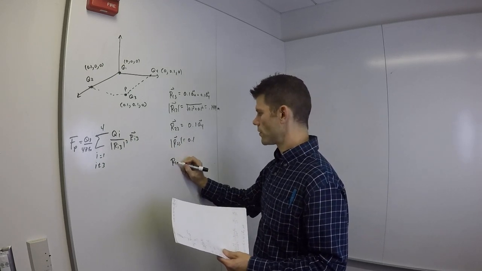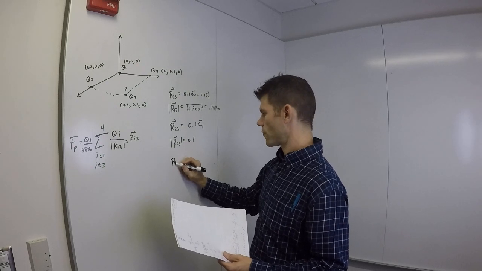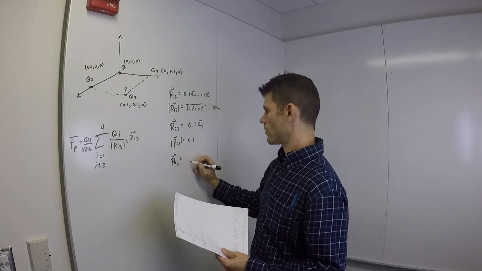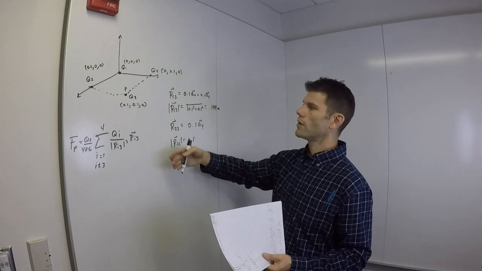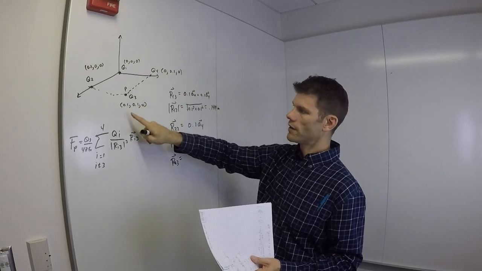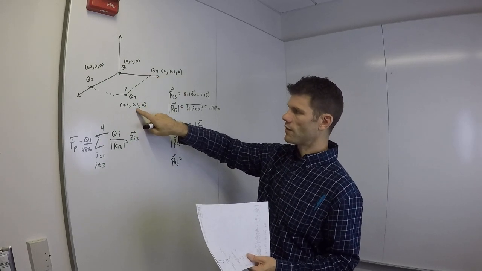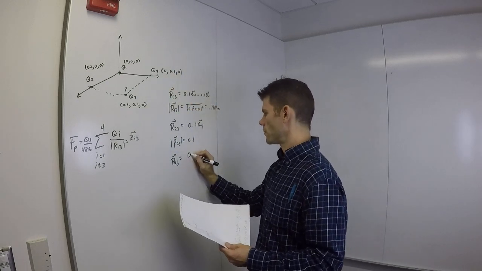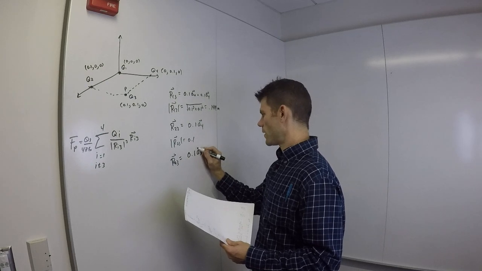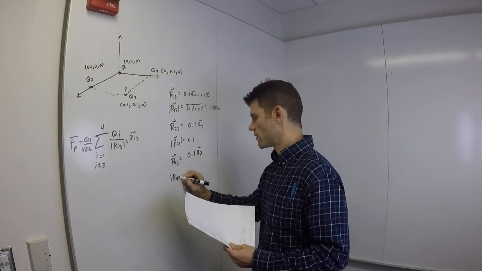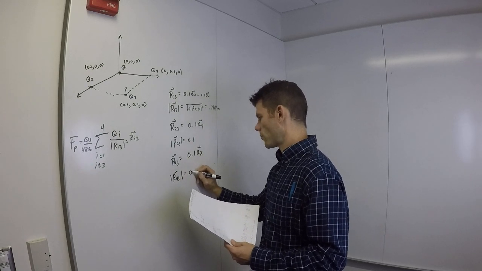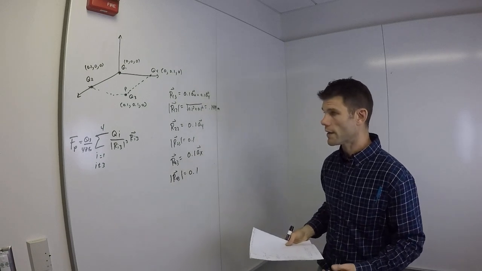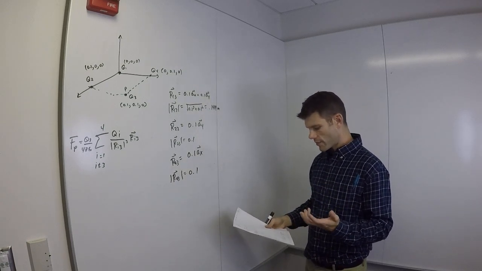For R43, we'll do the same thing, except this time we'll see that this is only going to have an x component because we have 0.1 for y, 0.1 for y, 0 for z, 0 for z. So we get 0.1 ax, and this has a magnitude equal to 0.1.